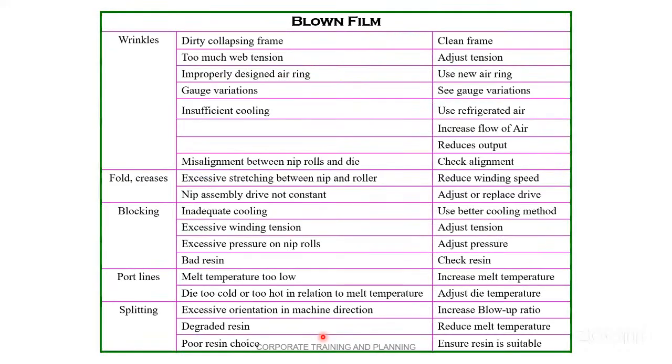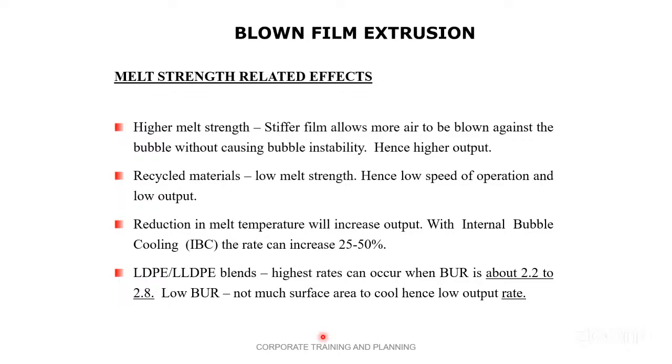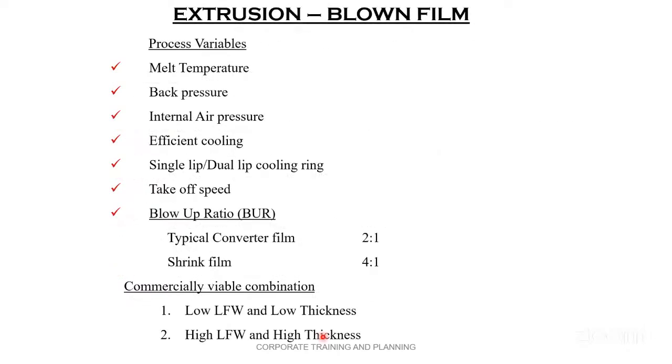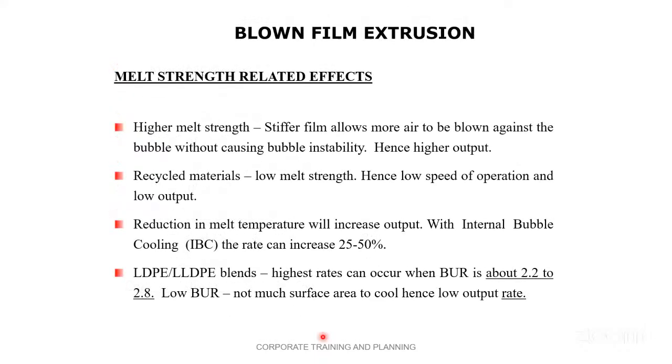Now, if you see here, these we have seen: efficient cooling, blow up ratio, then lay flat width, right? Then if the thickness is lower, it is possible in this case. Now, if you see blown film extrusion, melt strength is very important.